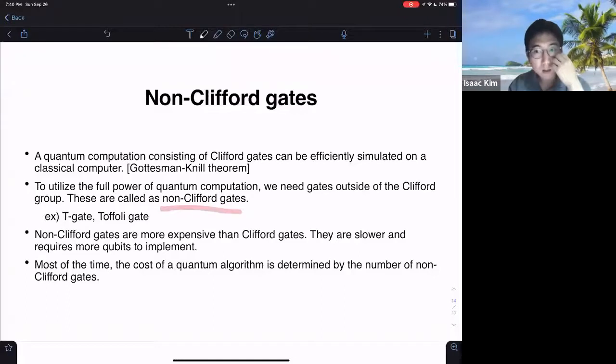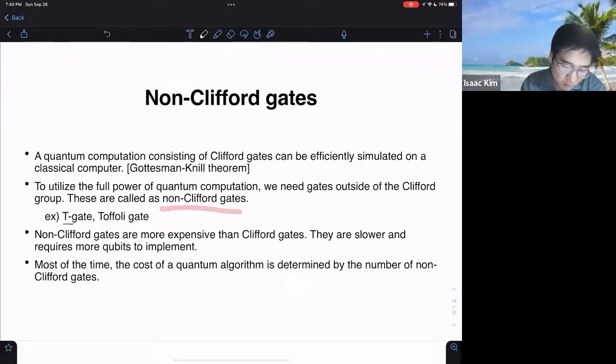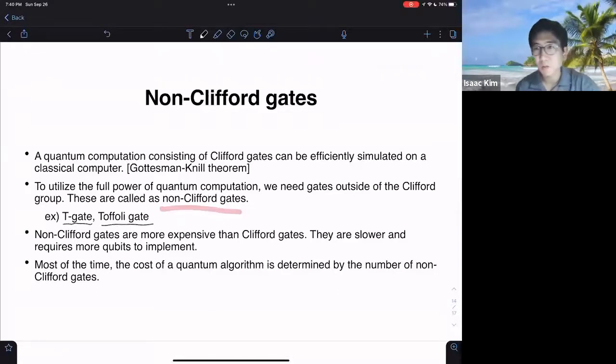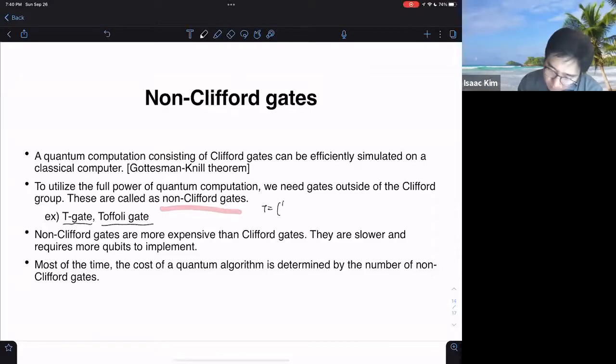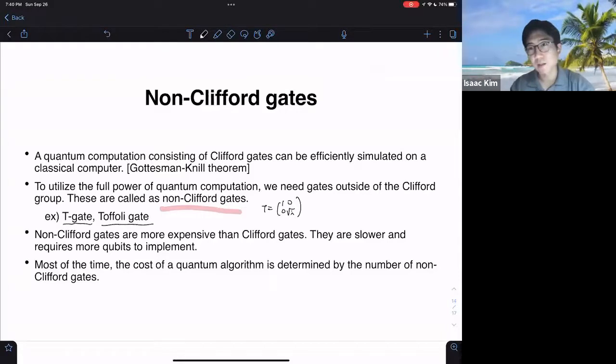But as before, the set of non-Clifford gates that is compatible with fault-tolerant, quantum error-corrected computation is highly restricted. One of the few examples that you can actually implement are T-gates or Toffoli gates. The T-gate is, again, this guy. And the Toffoli gate, we've already talked about it, so I'm not going to repeat it again.